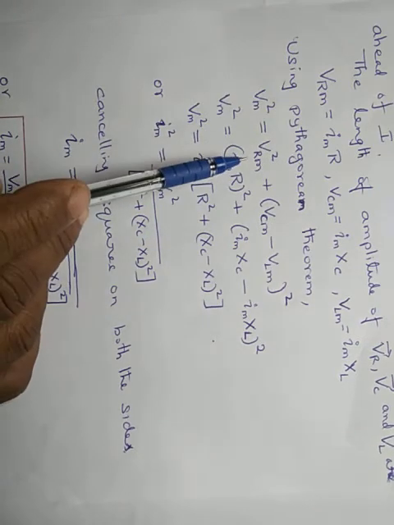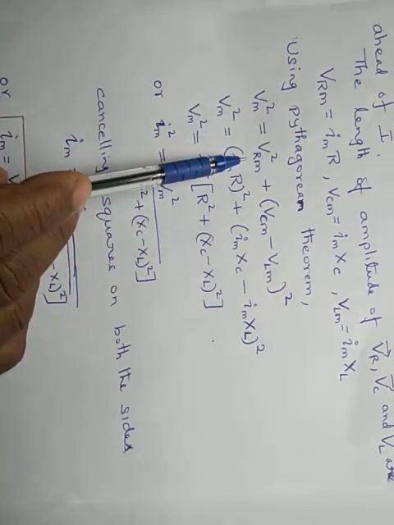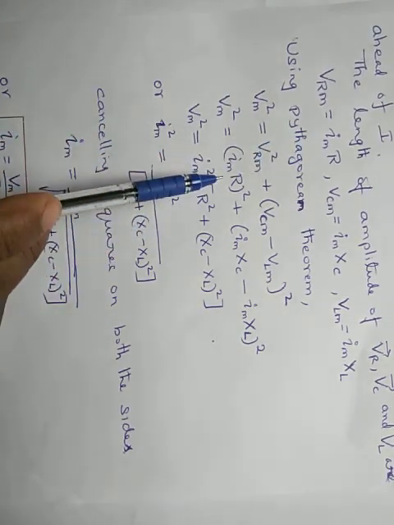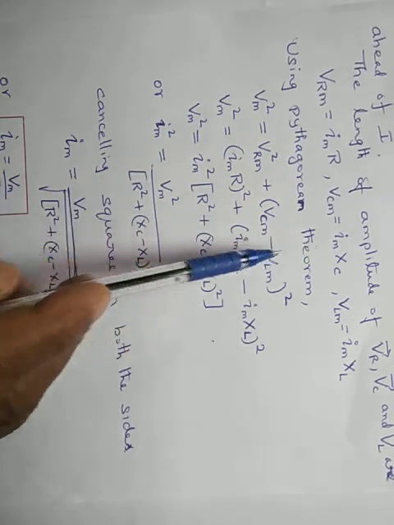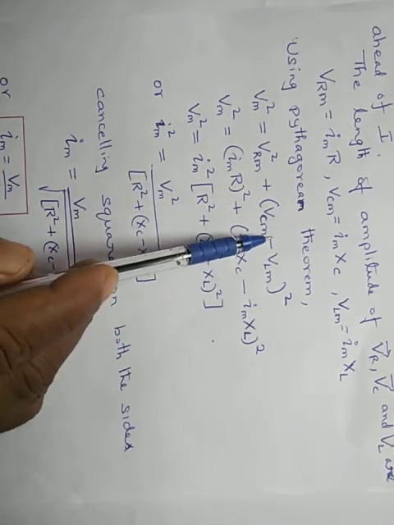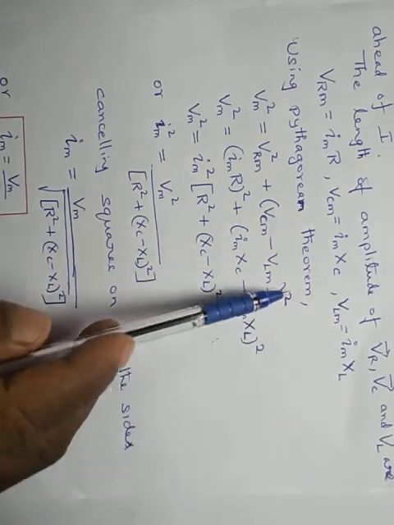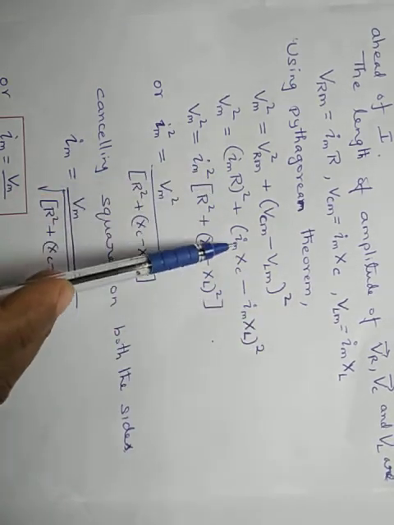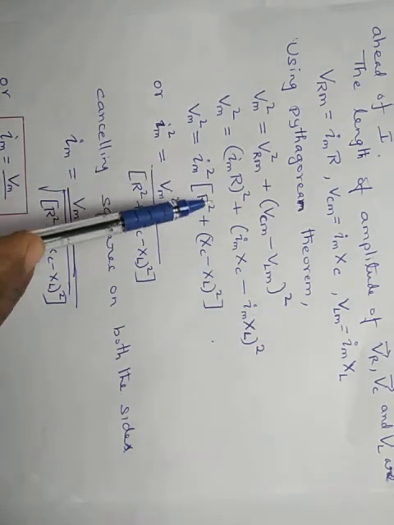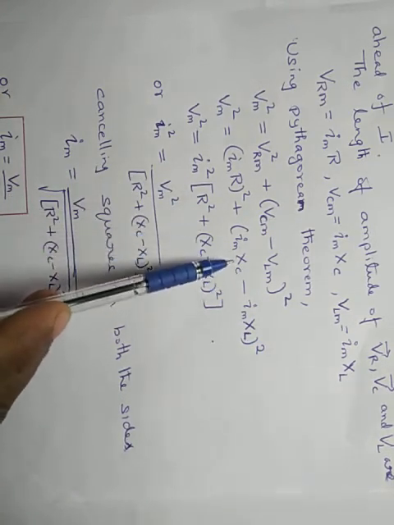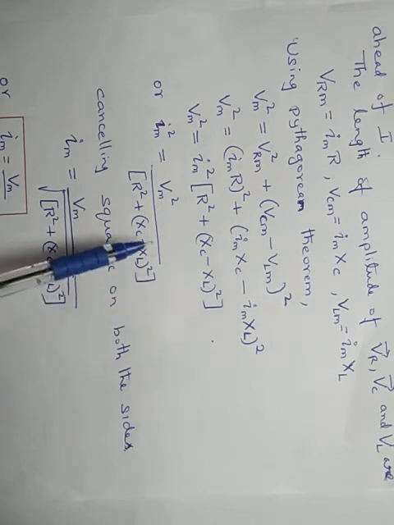Now, substitute the equation for VRM, that is IM into R whole square, plus VCM, which is IM into XC, minus VLM, which is IM into XL, whole square. Everywhere IM square is common, take it out, and you will get R square plus XC minus XL whole square.